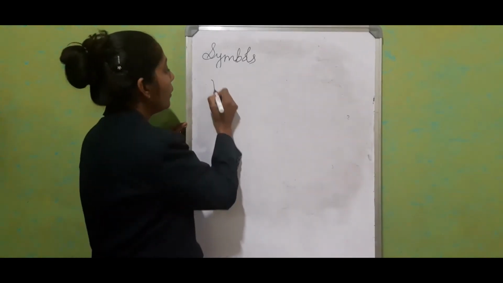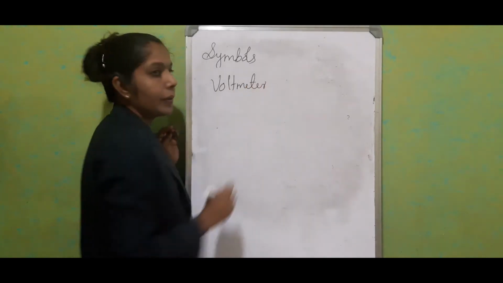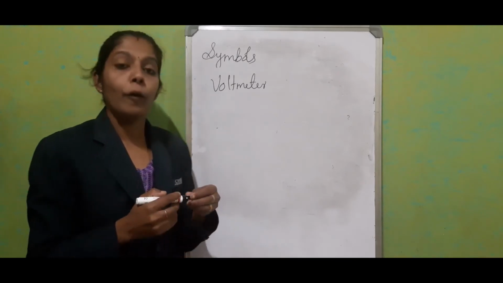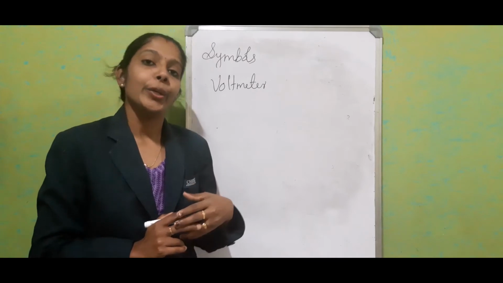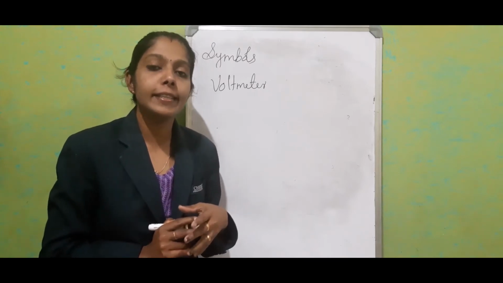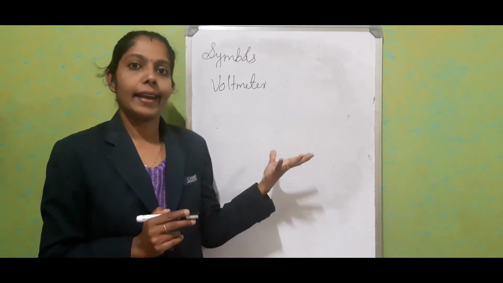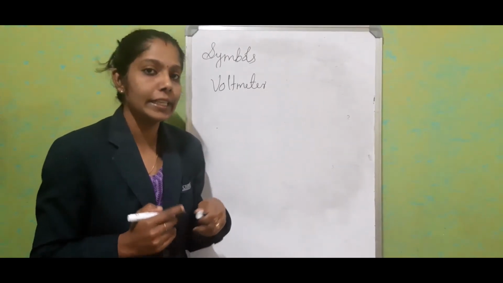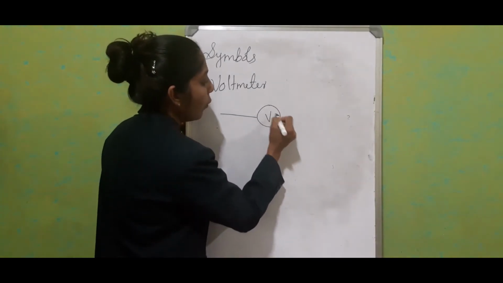Next one, voltmeter. A voltmeter is related to voltage or potential difference. It is a device used to measure the potential difference between 2 points, or we can say it is the instrument used to measure voltage.